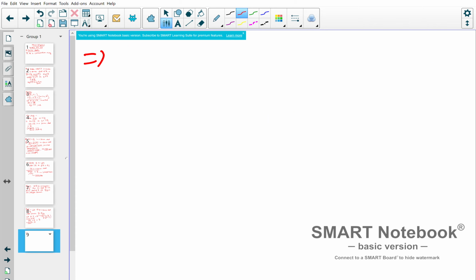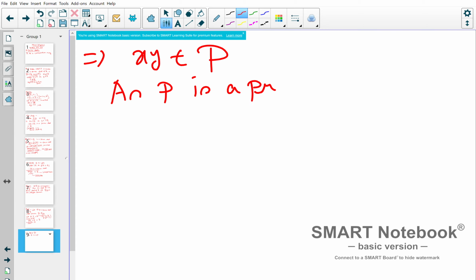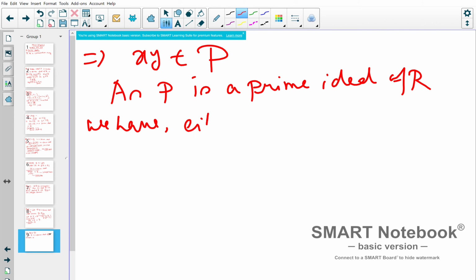So this means that xy is an element of the prime ideal p. But as p is a prime ideal of R, we have either x belongs to p or y belongs to p, right?